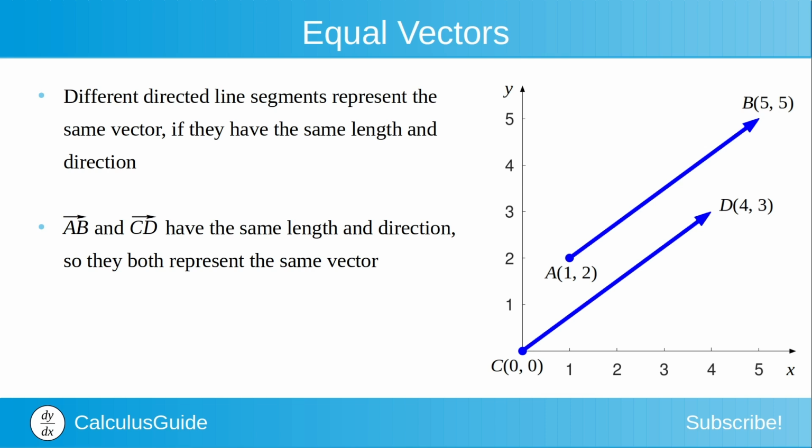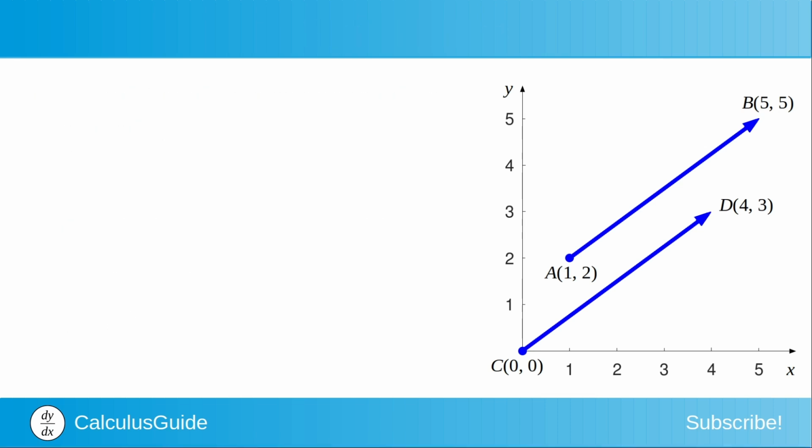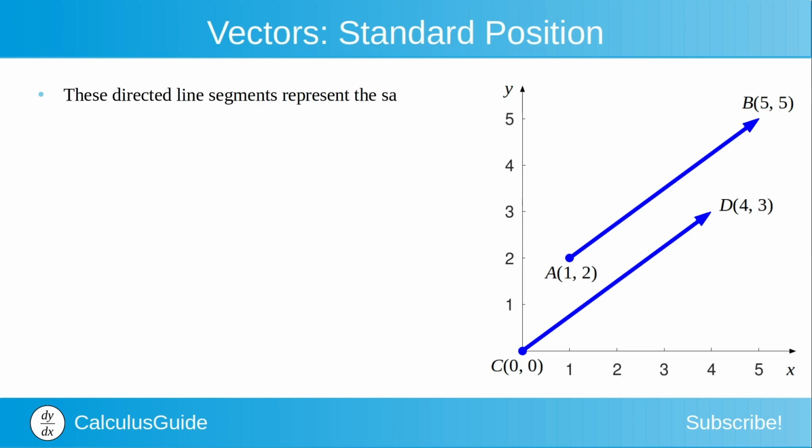We initially defined the vector v as being equal to the directed line segment CD. We can also use AB to represent the vector v. These directed line segments represent the same vector.